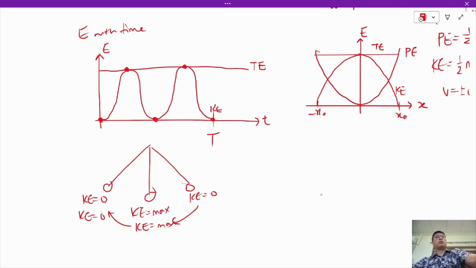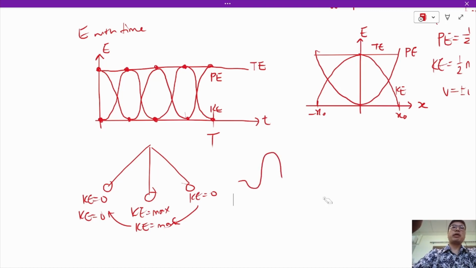How about the potential energy graph? The potential energy graph is the exact opposite of the KE graph. It looks like this. Potential energy goes to 0, then potential energy goes to top. Potential energy goes to 0, potential energy goes to top. This is the PE graph. Notice that there are two humps for every period.